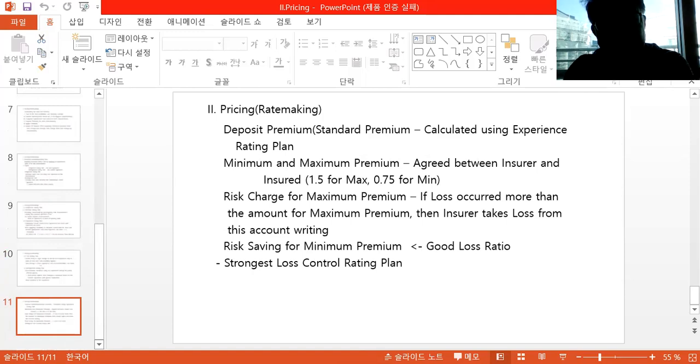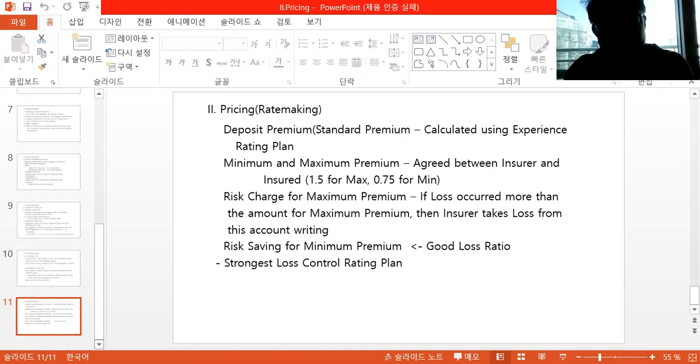The scheme is like this: first you set the deposit premium. Usually it's called the standard premium, calculated using the experience rating plan. You can also add the schedule rating plan here. Then you set up minimum and maximum premiums. This is agreed between the insurer and the insured.